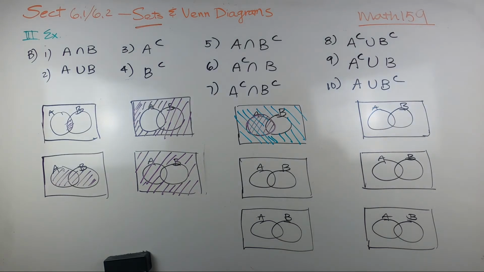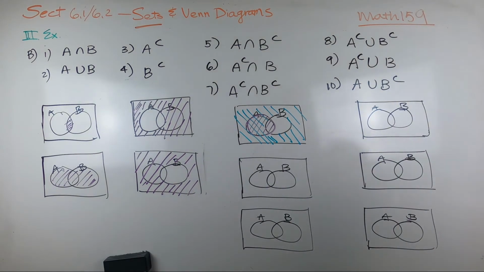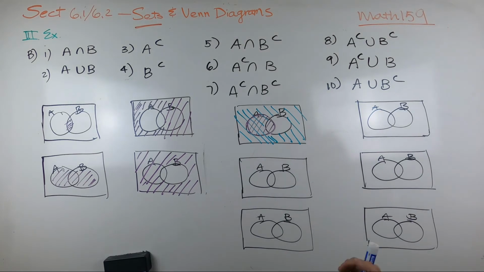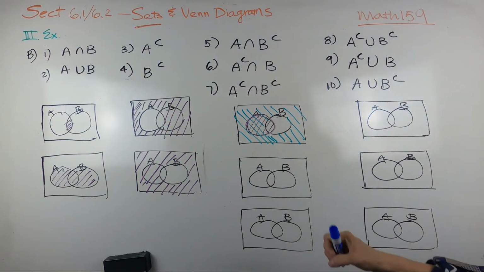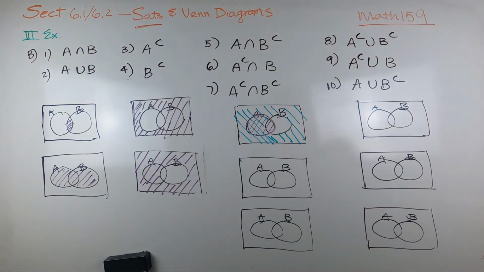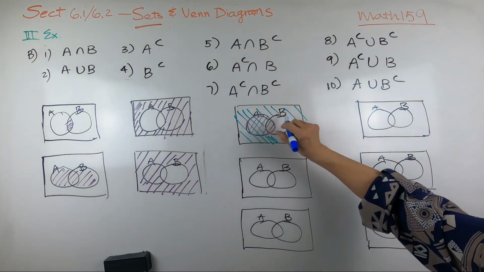Now we want to do the intersection, which means belonging to A and B complement. So we want to find something that belongs to the purple and the light blue. Where do they intersect?